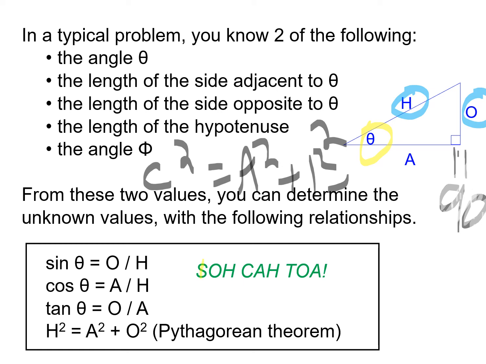Right here, CAH. Cosine of the angle is equal to the length of the adjacent side over the hypotenuse. And finally, the tangent of an angle is equal to the opposite side over the adjacent side. So remember SOHCAHTOA.